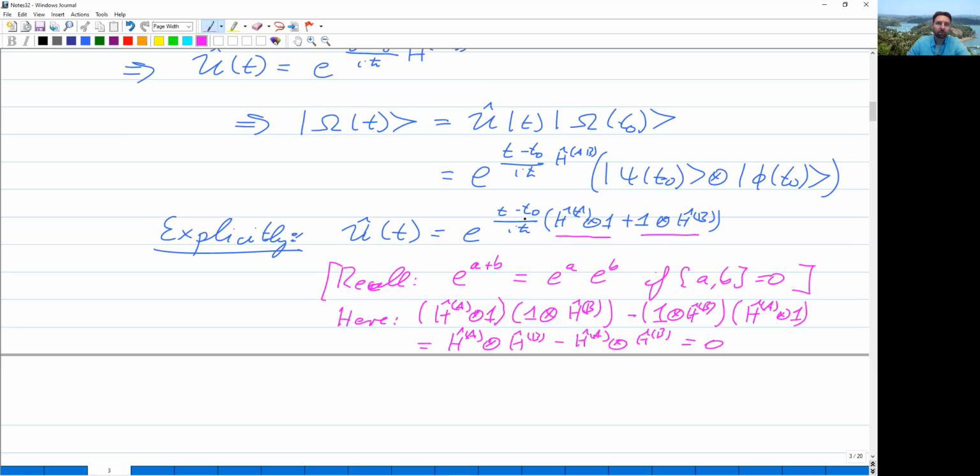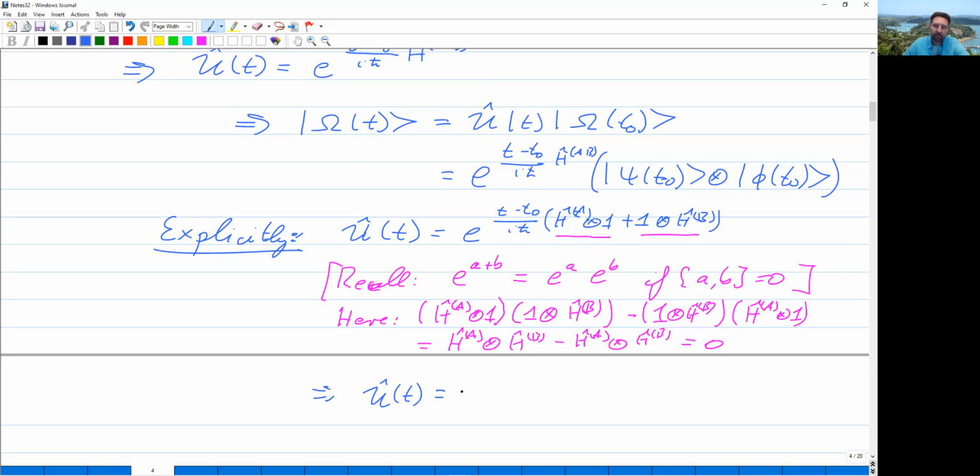They don't contribute to any non-commutativity. So therefore, we can conclude that we can write the time evolution operator in our composite system. The total time evolution operator can be written as e to the power of this times e to the power of that.